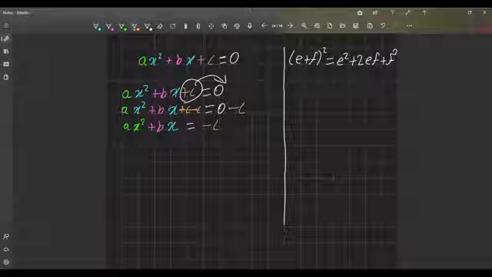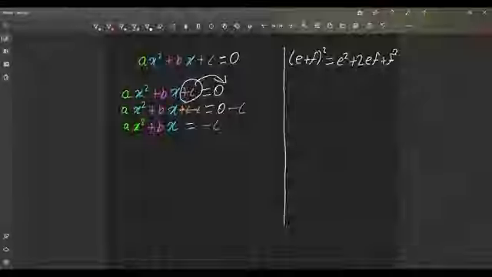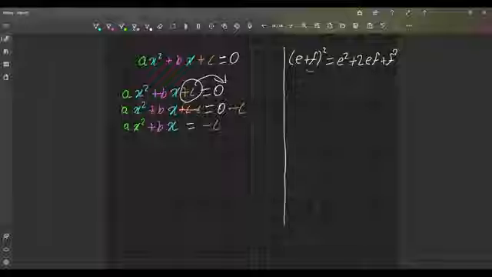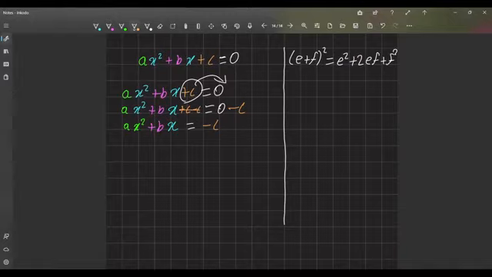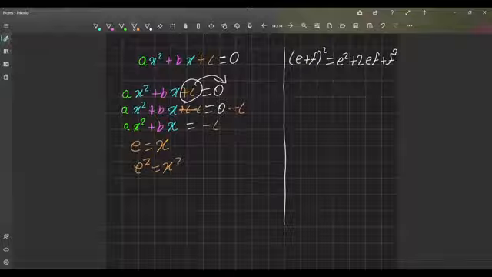Now since I want this on the left hand side, I need to see what I have for e, for 2, and for f, since that is what I need. First of all, it would be much easier for me if I take e equal to x, and e² would be equal to x².